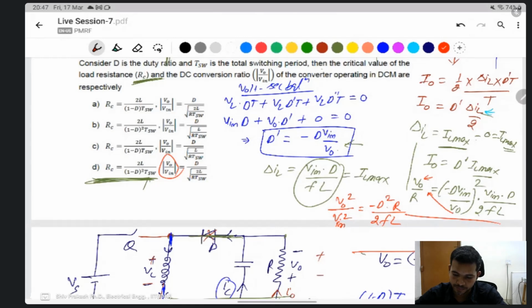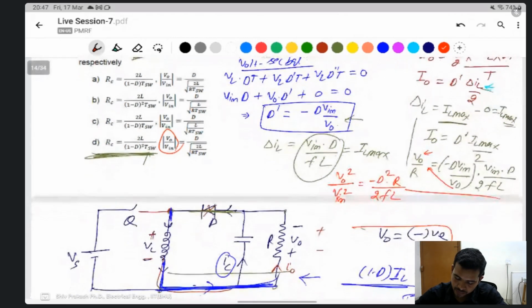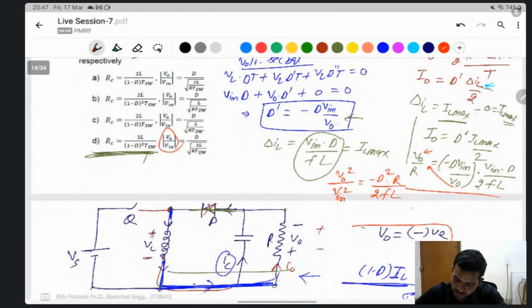V naught divided by V in, if you take the mod of this, the negative goes outside.